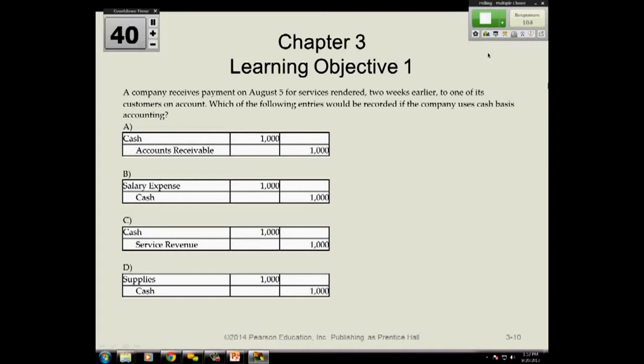Well, the customer paid on account. You provided service 2 weeks ago for somebody on account, and now they paid you. So the question is, when you collect it, how do you record it?